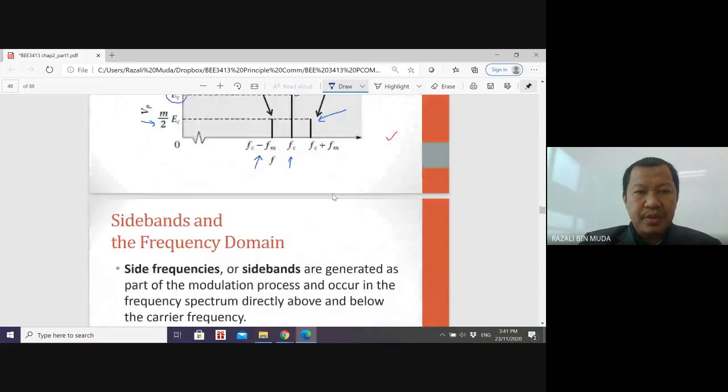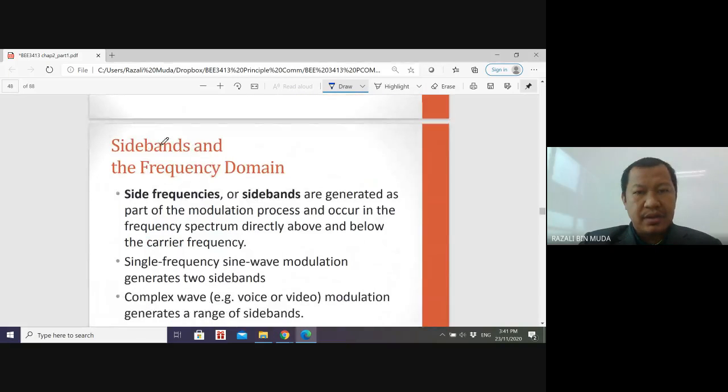Okay, so what are the sidebands? Sidebands or side frequencies are generated as part of the modulation process and occur in the frequency spectrum.